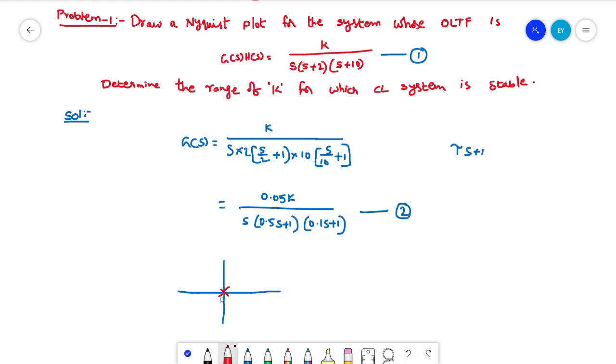The pole at the origin should be eliminated. The contour will start from here, go till here, come to this point, and end here. It is a circular contour going in the clockwise direction.